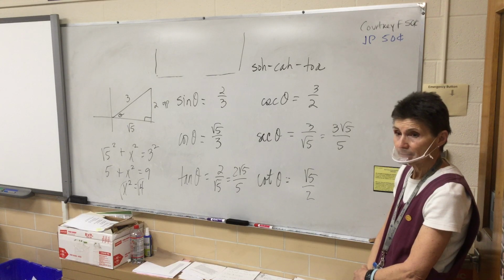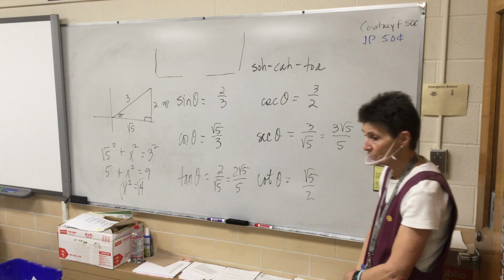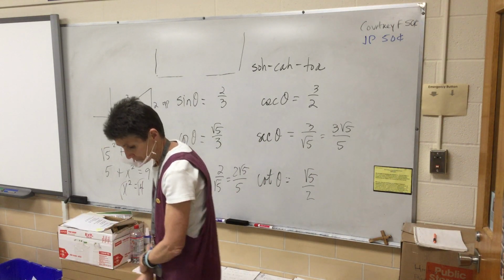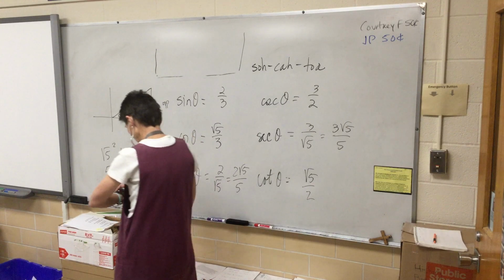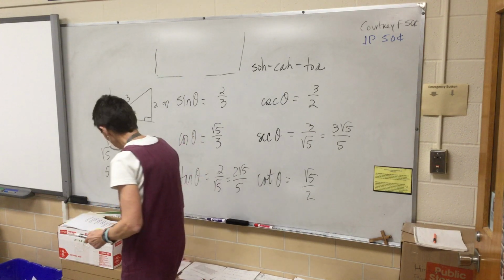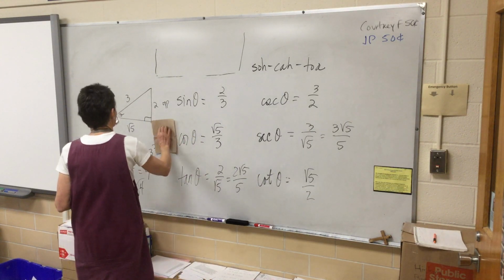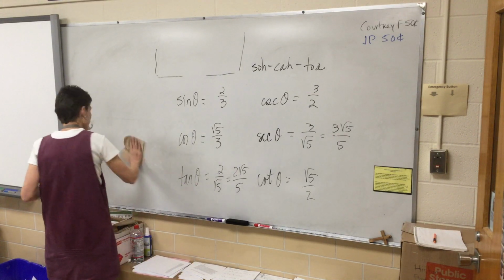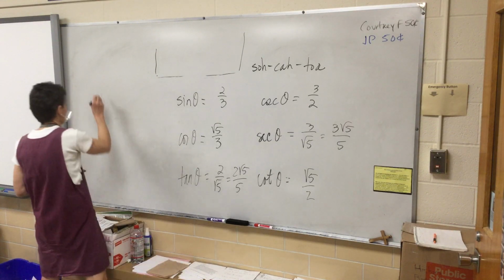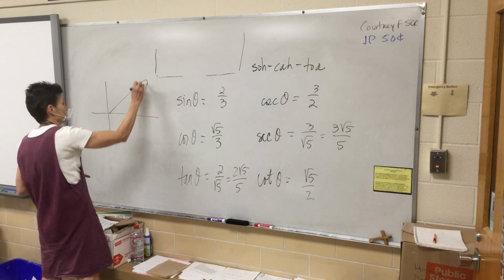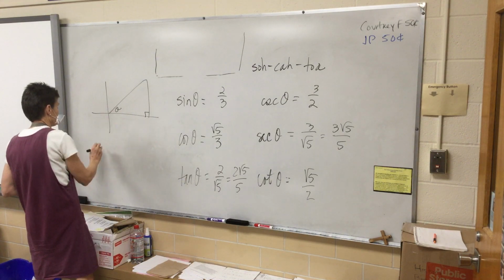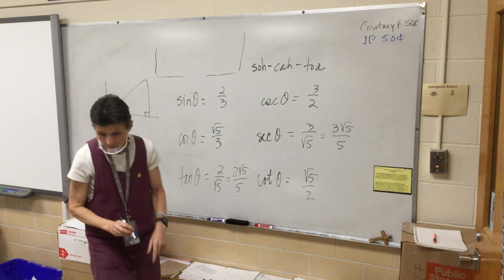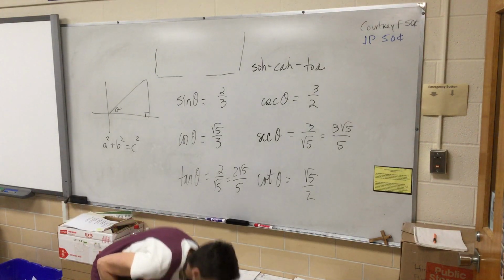All right, getting the hang of it? Do the last one on your own. Do problem D on your own. You're going to want to draw your triangle and make sure that you're doing the Pythagorean Theorem correctly. What do you got?